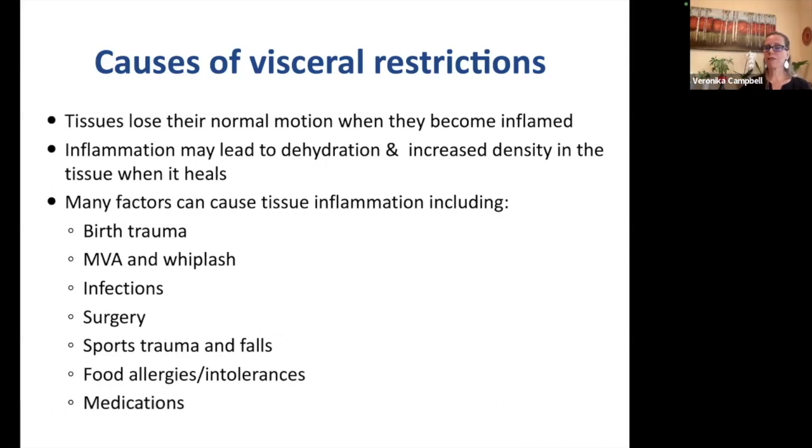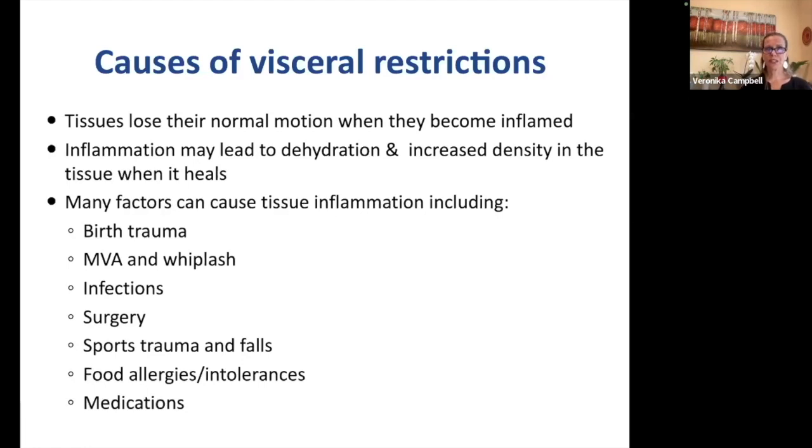And again, this could be from things like birth trauma. So either the C-section from the mom, or, if it's an older client, they might have had forceps. More recently, now they're using suction. Motor vehicle accidents and whiplash. And I'll get to an anatomy slide and I'll talk about that a little bit more there. Infections, right? Pneumonia, UTIs, COVID, all of these things can create inflammation in the system and start to create restrictions.